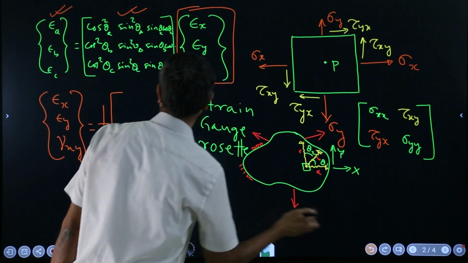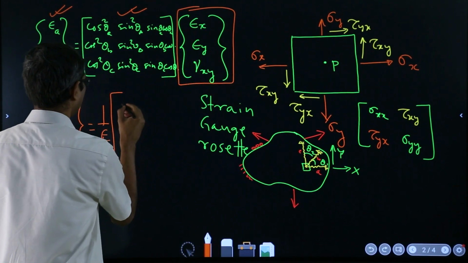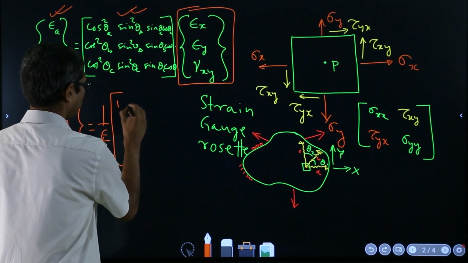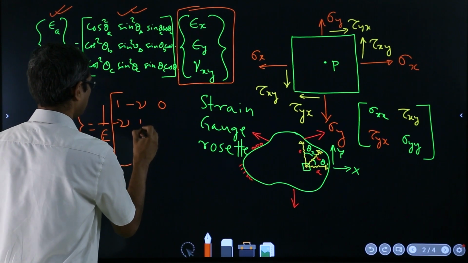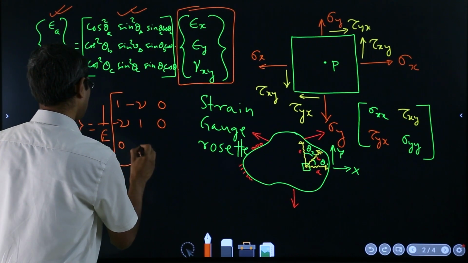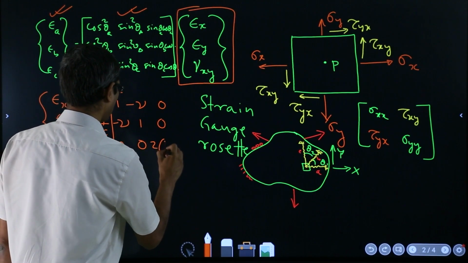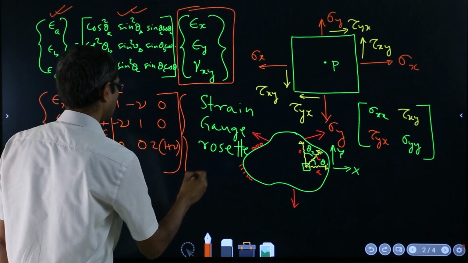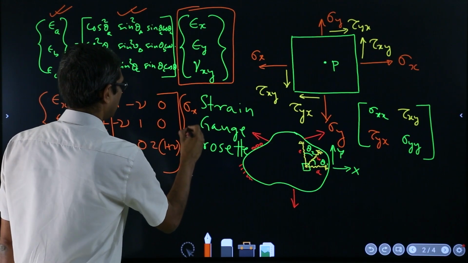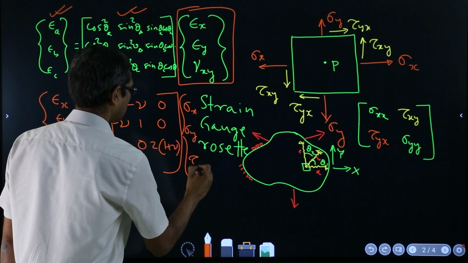Again I need some space here. It was 1 minus nu 0, minus nu 1 0, 0 0 2 times 1 plus nu, times sigma x, sigma y and tau xy.